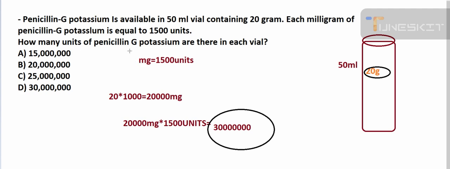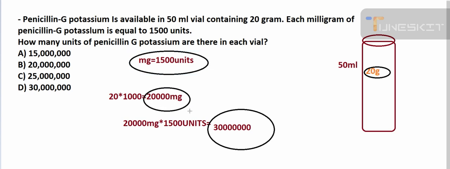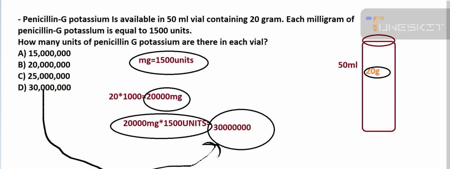If 1 mg equals 1500 units, then 20,000 mg will contain these units. We multiply the 1 mg unit amount with this amount, and we get the final amount. So this is your answer, very easy.